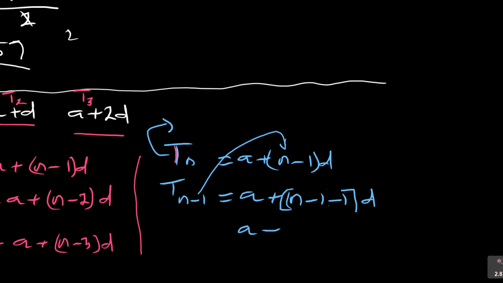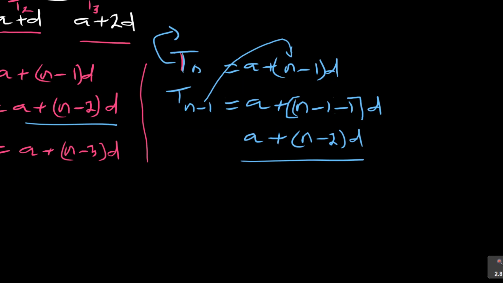Then it's a plus n minus 1 minus 1, it's n minus 2 d. Then this is why we got this. Then for tn minus 2, you do the same thing. It's a plus n minus 2 minus 1, because now where there is n, I put n minus 2, minus 1 d, which is a plus n minus 3 d.